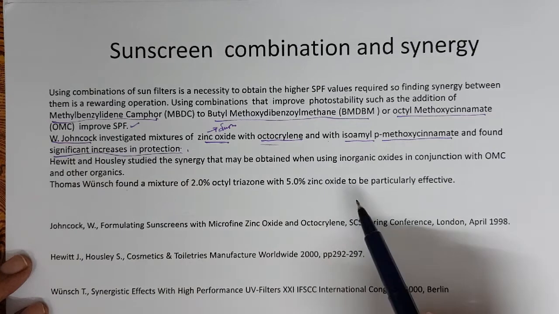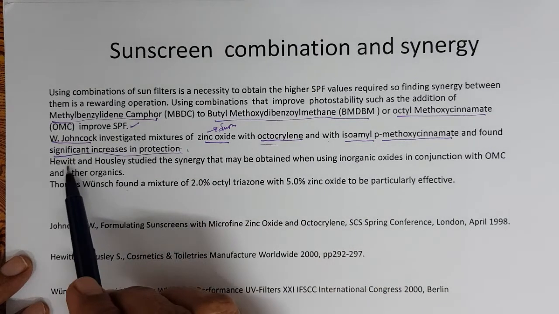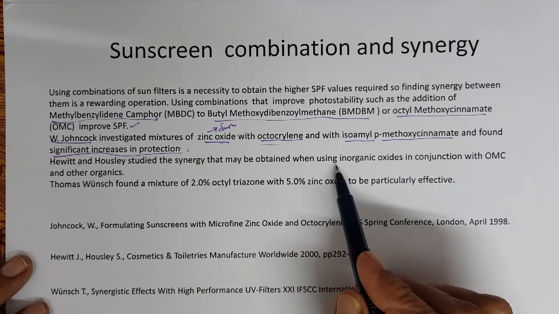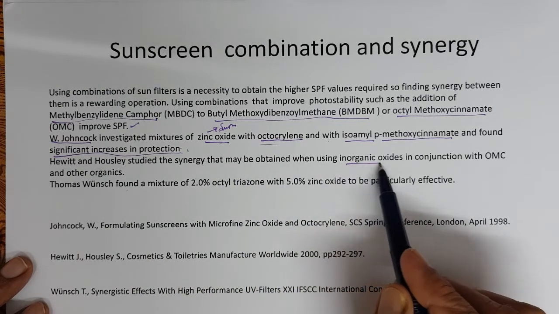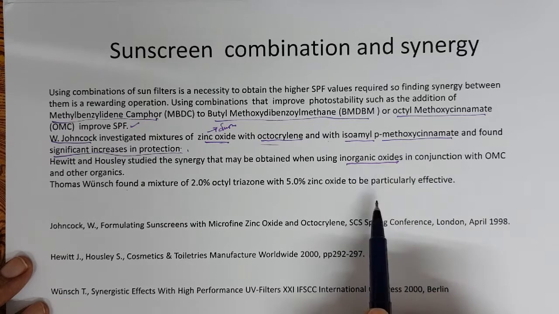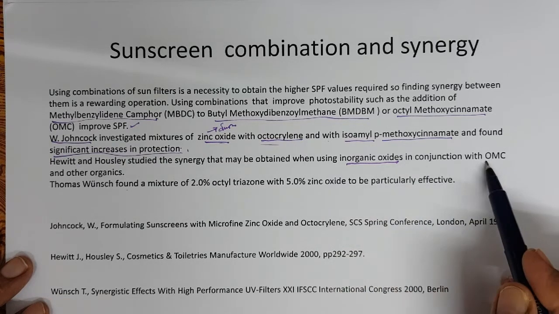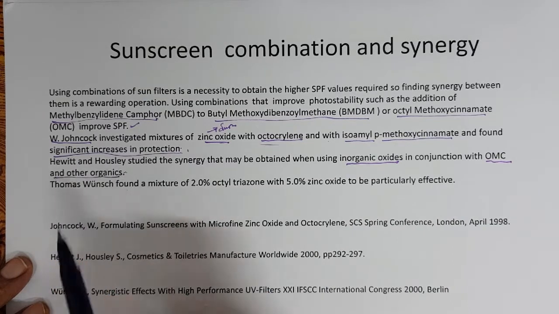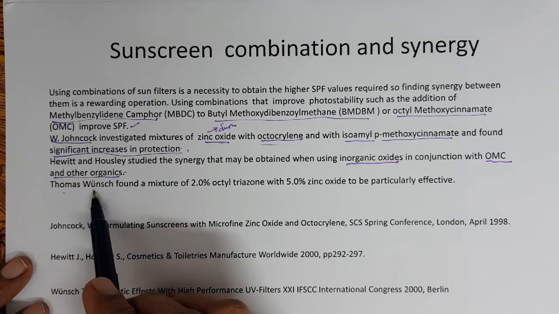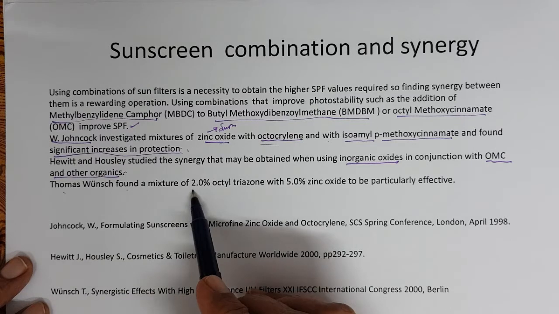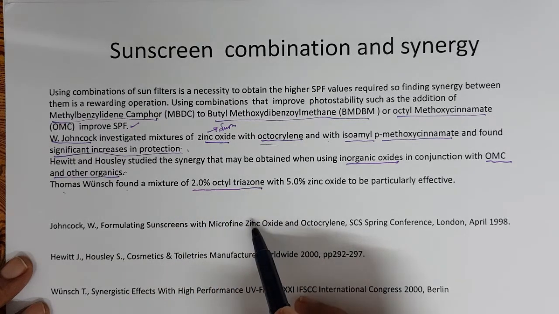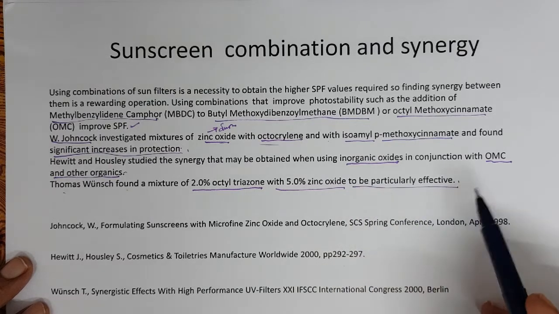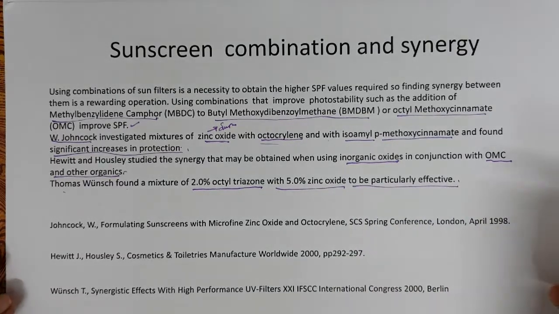Okay, W. John Cook, Hewitt and Housley studied the synergy that may be obtained when using inorganic oxides, titanium dioxide and zinc oxide with octyl methoxycinnamate and other organics. He has evaluated and reported. Thomas Wunsch found that 2% octyl triazone with 5% zinc oxide to be particularly effective in all his work.